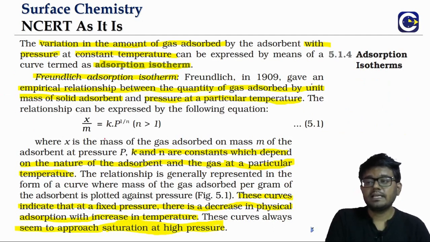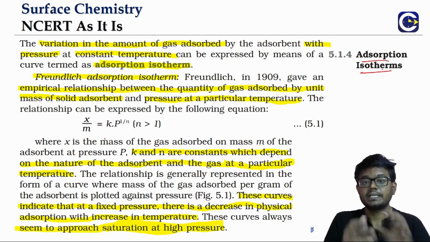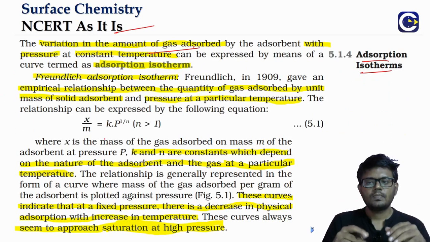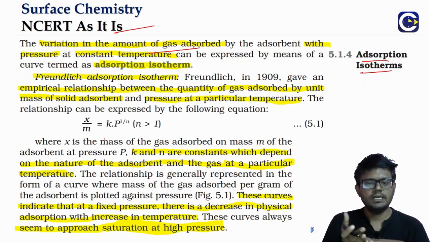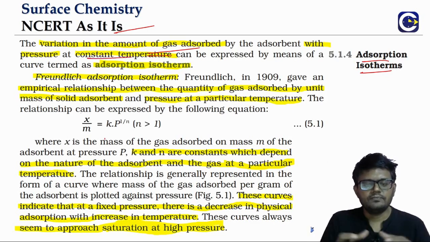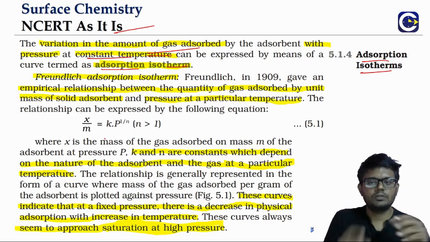Now, how do we study adsorption quantitatively? If you want to understand the amount of the gas that is adsorbed on the surface of the adsorbent, we can measure this in terms of the extent of adsorption. If you study this at constant temperature and plot a graph, that's what we will call an adsorption isotherm.